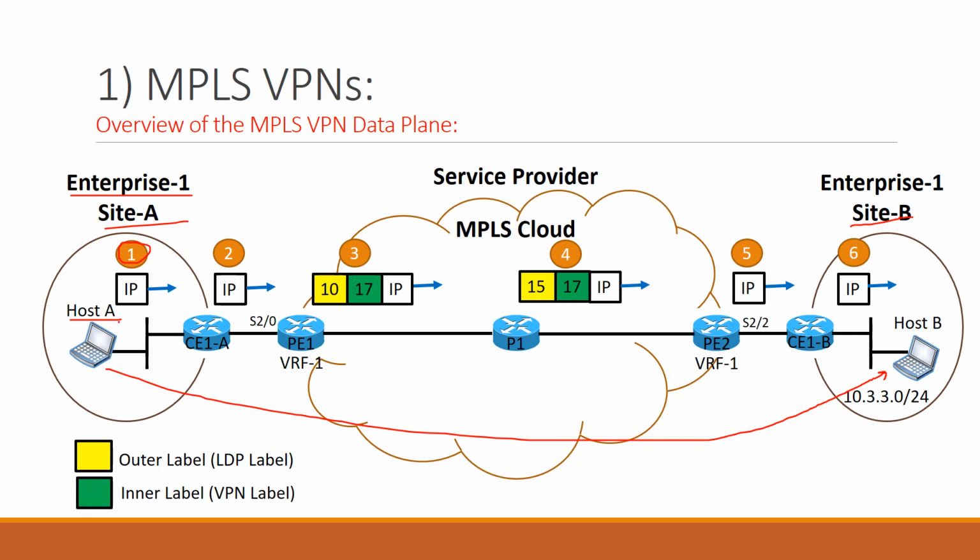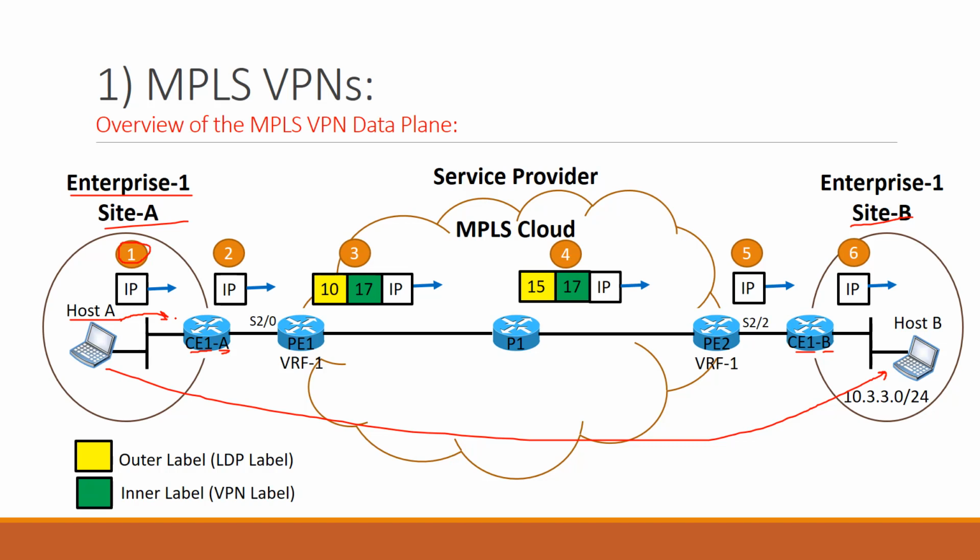First, host A will send an unlabeled packet to customer edge 1. We call it customer edge 1 for site A, and this is customer edge 1 for site B. So CE1-A will receive an unlabeled packet. What should it do?